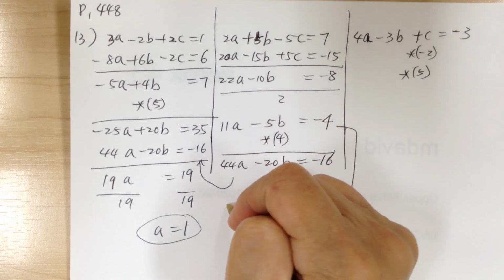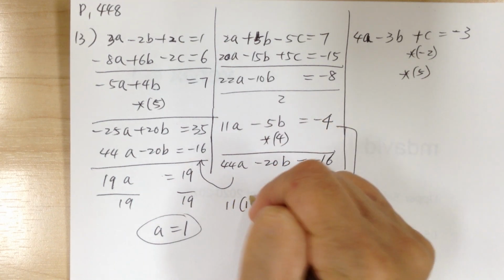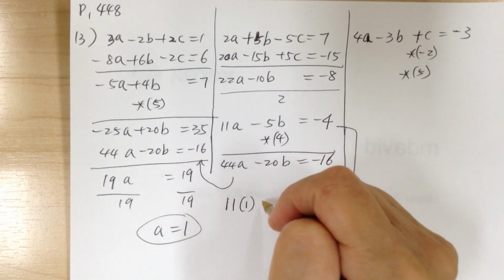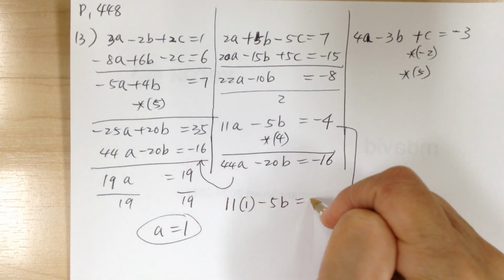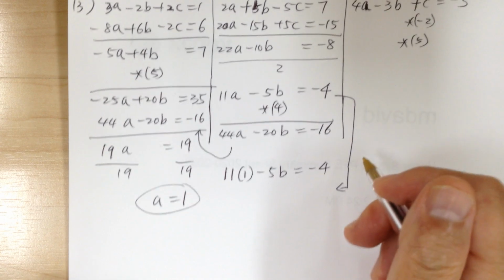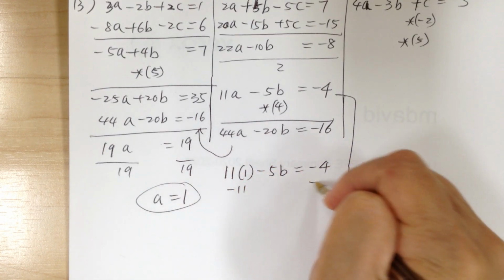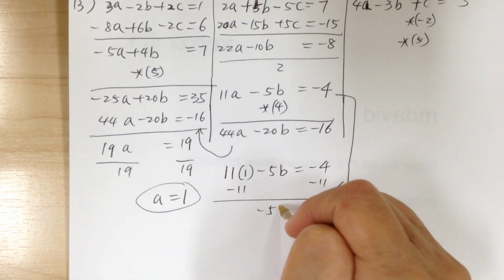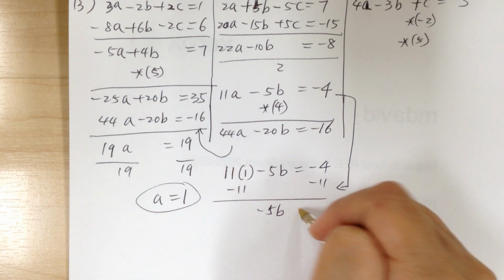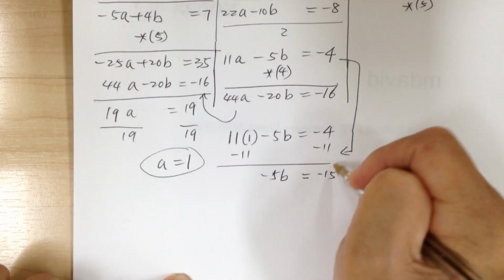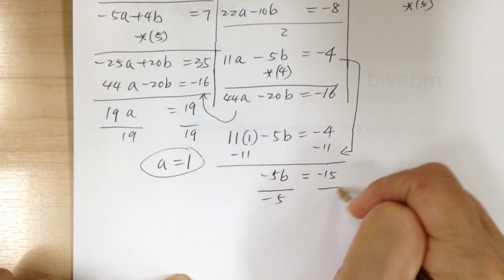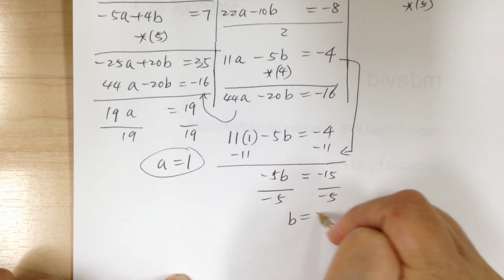I got 11a. Whatever you substitute, put in parentheses, that way when people read your paper, they know this is the substituted number. Minus 11 on both sides, so I got negative 5b is equal to negative 15. Divide by negative 5, so b equal to 3.